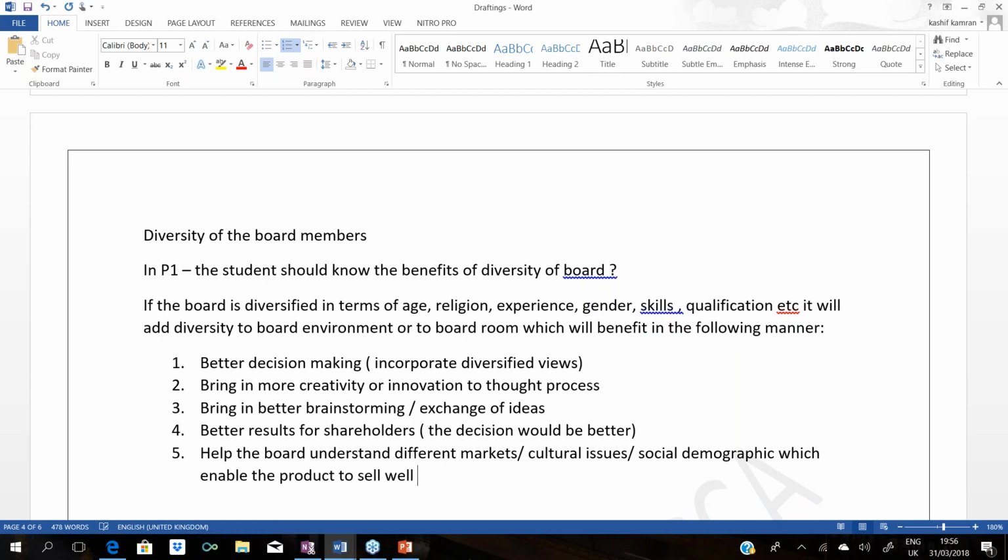So diversity can bring fortune for business, right? It can bring better decision making, more creativity, better brainstorming, better results for shareholders, help the board understand different markets, and again help the board understand the needs of different customers, different stakeholders across the world, across the regions.